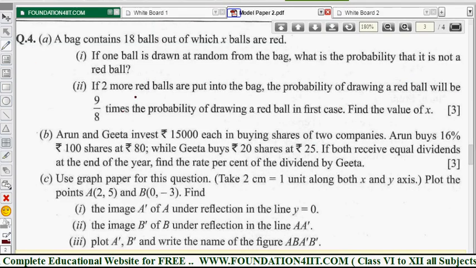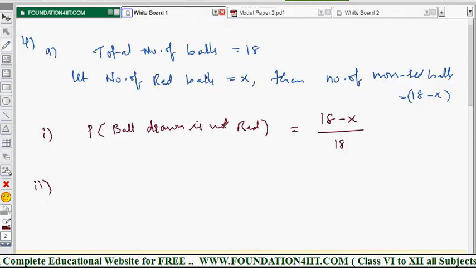Second is, if two more red balls are put in the bag, previously the red color balls were x. Two more red balls are put in the bag, so previously it is x, and two more are kept, that means x plus 2. Let us see the condition.